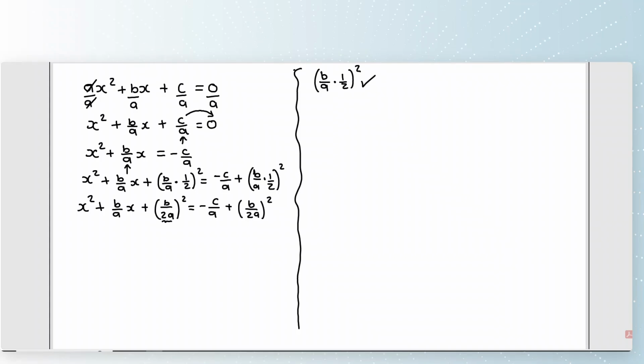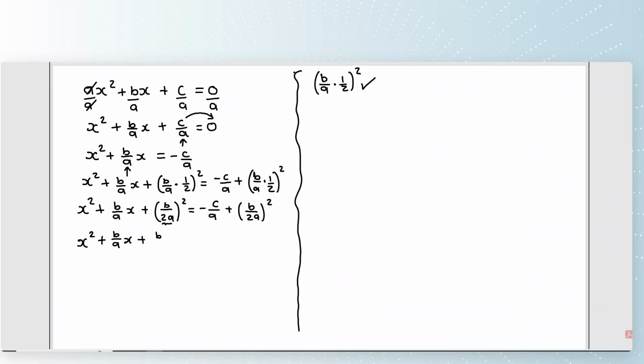All right. So we go on. Plus b squared is just b squared. 2 squared is 4. a squared is a squared, equals minus c over a plus, we're going to get the same thing, b squared over 4a squared. Great. Remember what I said? I said on the left hand side you must factorize, and it's going to be a perfect square.